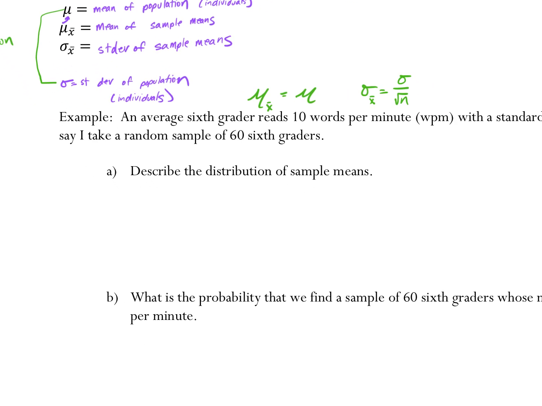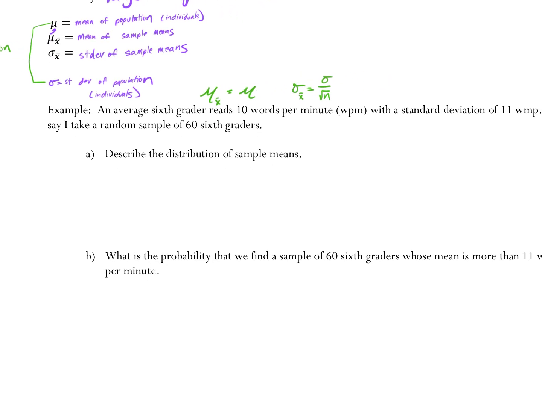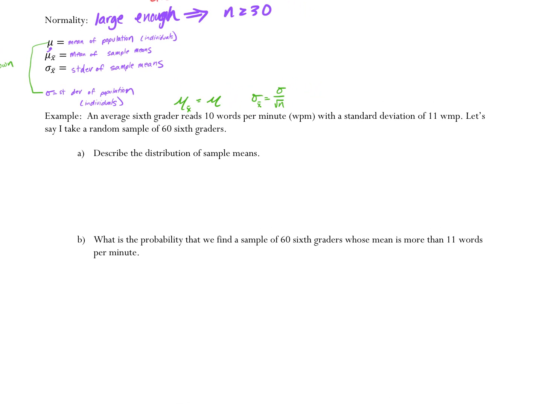So let's look at an example. The average 6th grader can read 10 words per minute with a standard deviation of 11 words per minute. I'm going to take a random sample of 60 6th graders. If my sample size is 60, are you guys comfortable saying my sample size is bigger than 30? So here's what I can say about my sample means. They will be approximately normal.